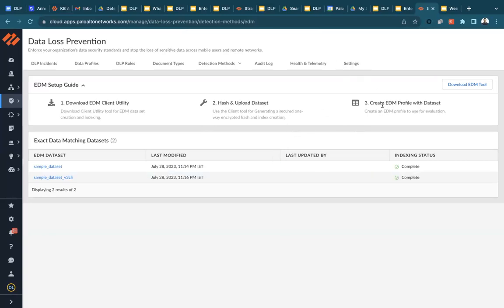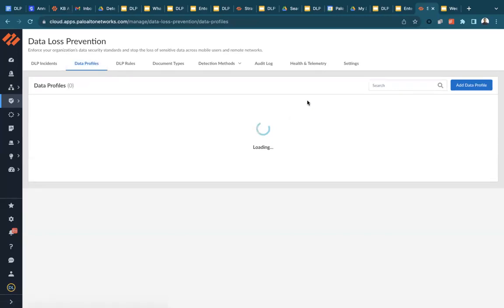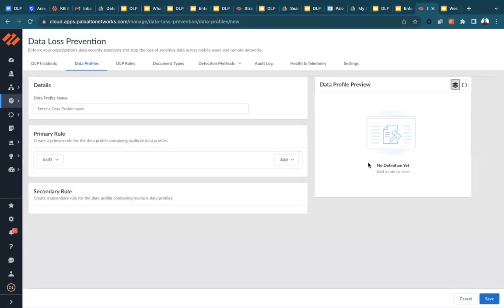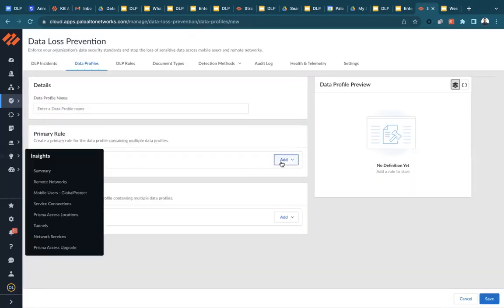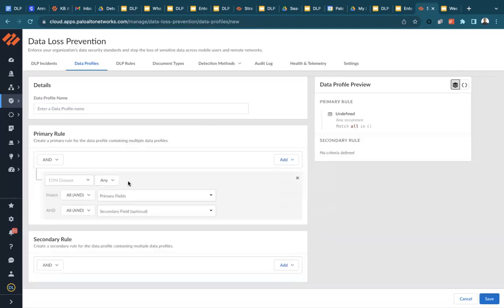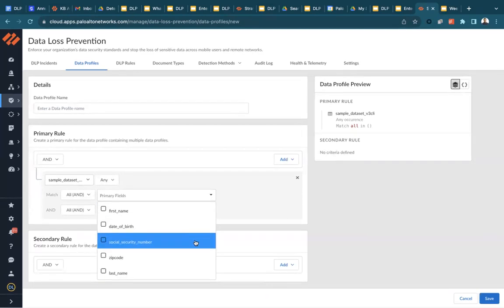Once you have an EDM data set, you are able to create a data profile just the way we showed in advanced data profile previously. So you could add an EDM data set that was used. In this case, we saw a sample data set, V3CLI, that was already present. It's simply a spreadsheet of multiple values, and you could even map the specific fields.